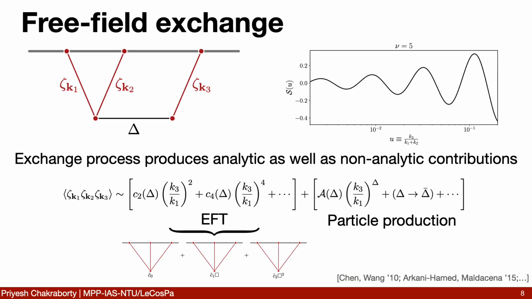Now, if you exchange such a free field, then, as is well known, its 3-point function exhibits oscillations, where the frequency of these oscillations is set by the mass of the particle.